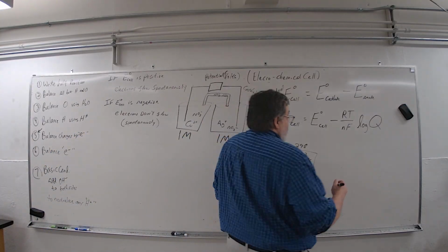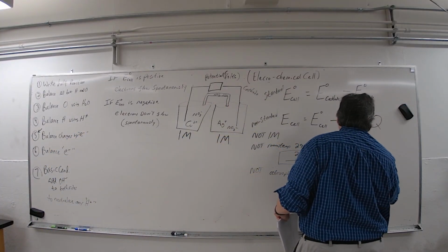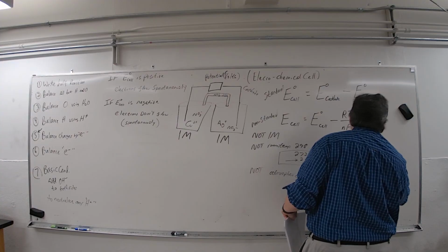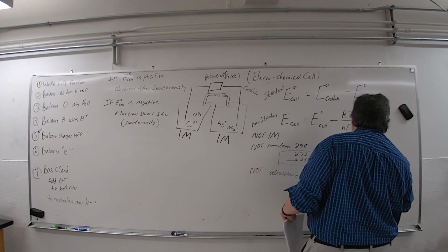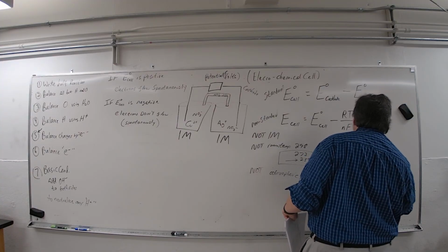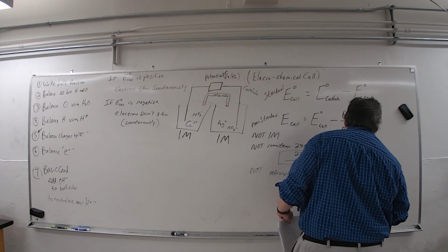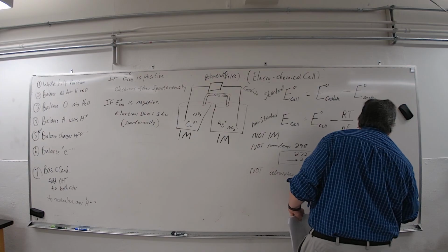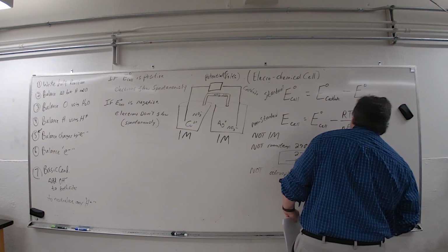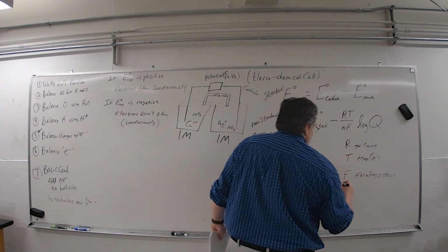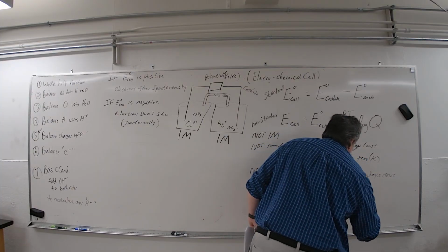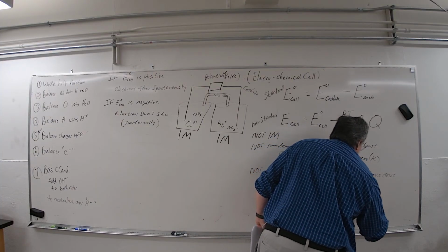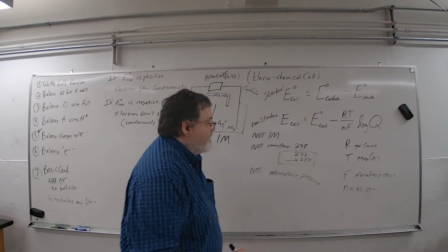R here is the gas constant. T is temperature in Kelvin. F is Faraday's constant. N, you need to know this: the number of electrons in the balanced equation.